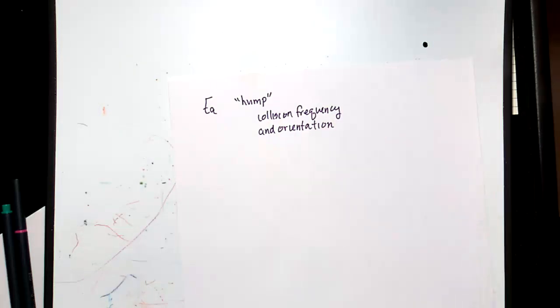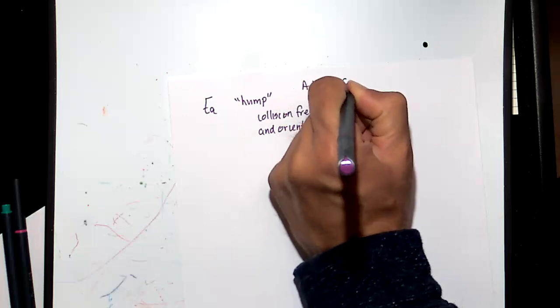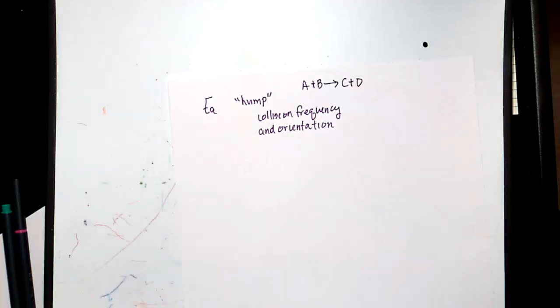It's not like A plus B will just react to give you C plus D. They have to be in a specific orientation, and they must hit each other with enough velocity or frequency. It cannot be a wimpy collision, and it cannot be any old collision. So it has to be the right frequency and the right orientation. This will not give you the reaction. This will give you the reaction.